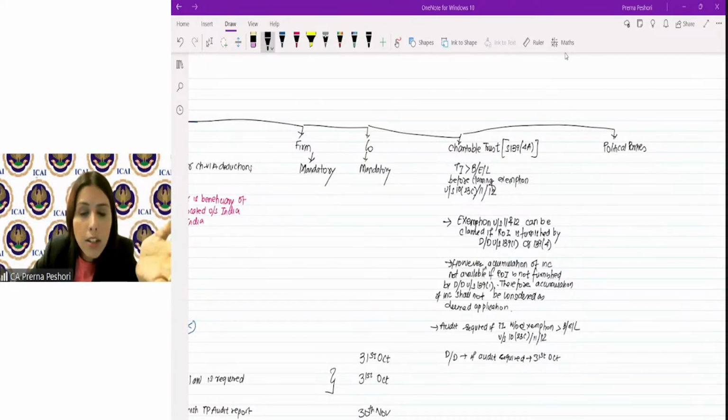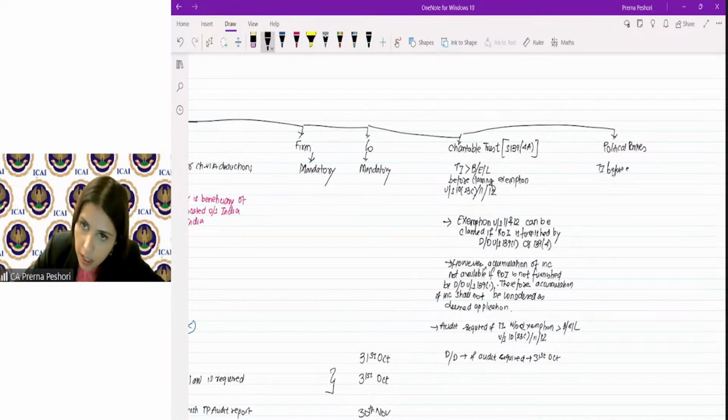They are required to file the return of income only when the total income before exemption under Section 13A exceeds the basic exemption limit. Then these political parties are required to furnish the return of income, and they can only claim the exemption under 13A subject to the condition that they file the return of income within the due date of 139(1).